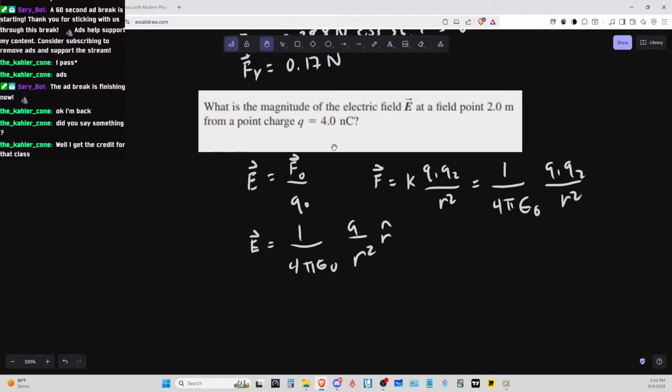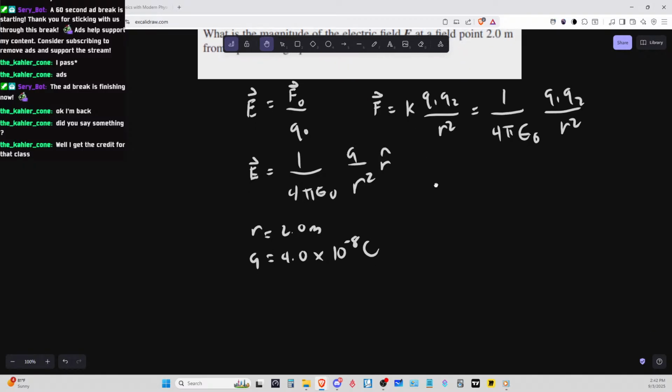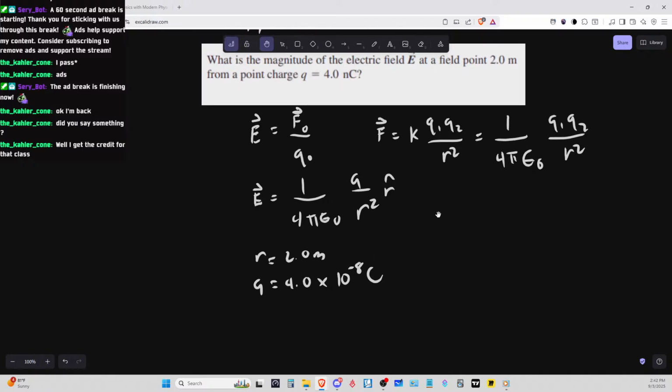So we have a charge, okay, so the r is 2.0 meters, and we have a charge that is 4 times 10 to the negative 8, because this is nanocoulombs. I got the problem wrong last time because I mistook microcoulombs for nanocoulombs, which can happen.